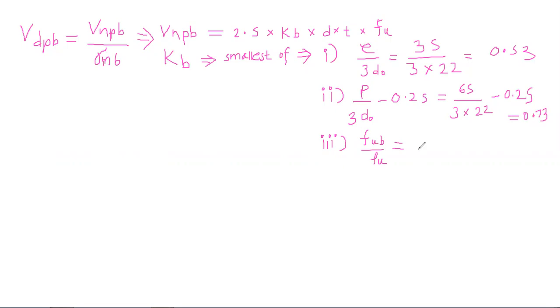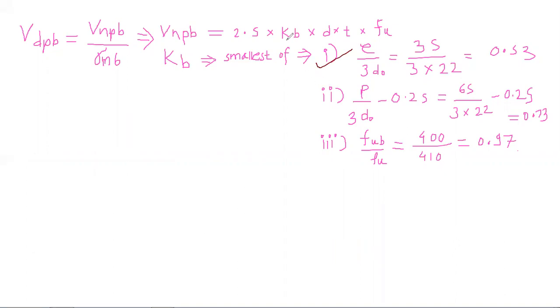The third value is FUB, that is the ultimate strength of bolt, divided by the ultimate strength of plate, which is 410, and that is equal to 0.97. So out of these three values, which value is least? The first value, 0.53. That we will consider in our numerical.